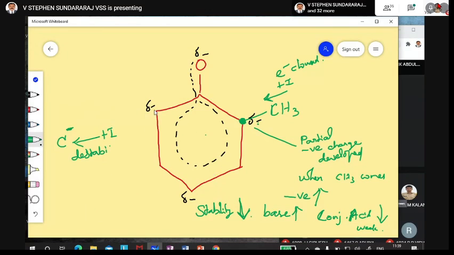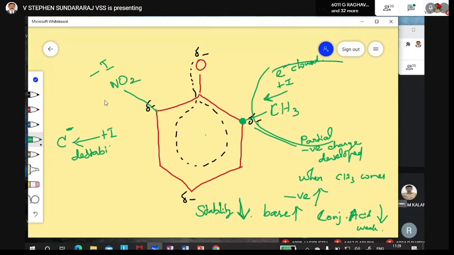Next, I am coming to this side. This is already over, don't touch this. Suppose one NO2 group is there. NO2 has a minus I effect, which means it is an electron pulling group.